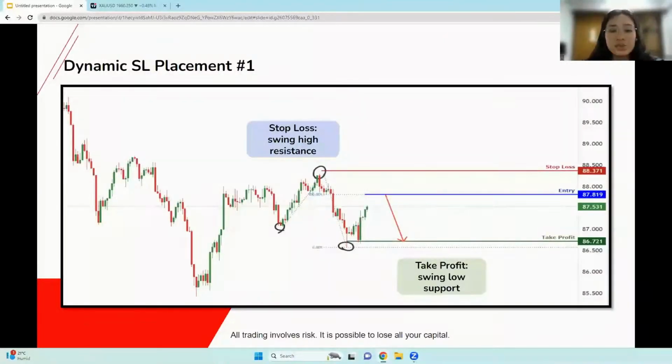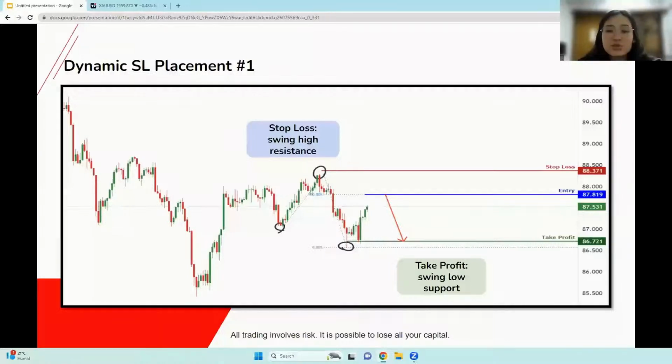Firstly, here we are looking at a simple example to demonstrate a dynamic stop loss. Price firstly bounced nicely off of the support level here. It's a swing low support at 86.721.